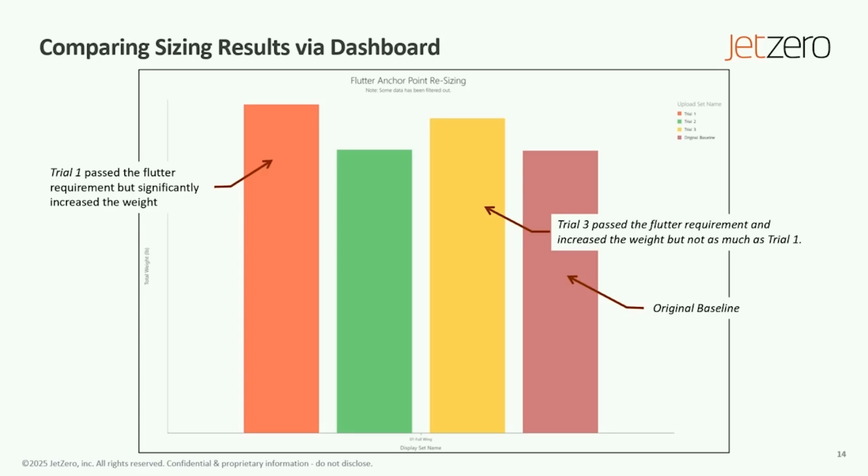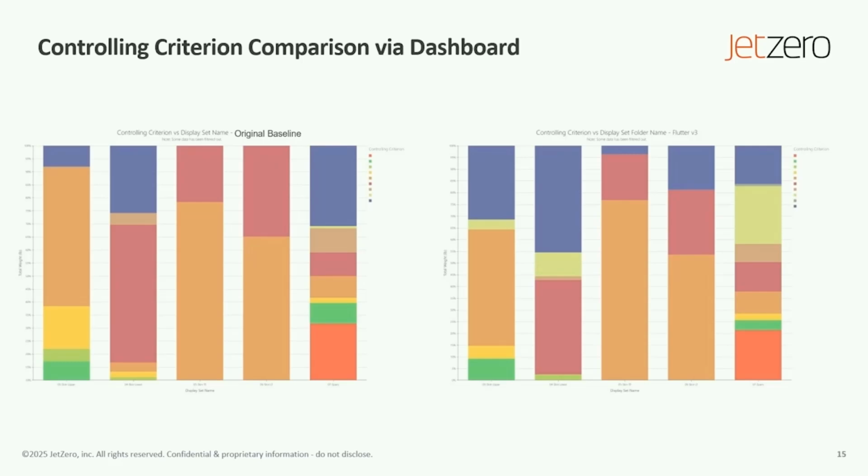And other than weights, in the HyperX dashboard we can also look at the controlling criterion. The left shows each component of the wing and its weight that is being controlled, and then the right shows the results from SOL 200. Comparing these two, there is a change in color.